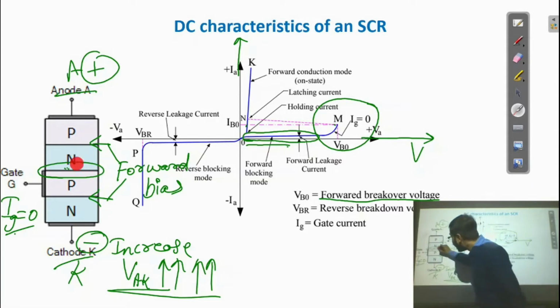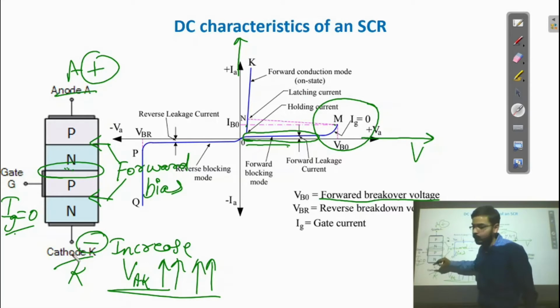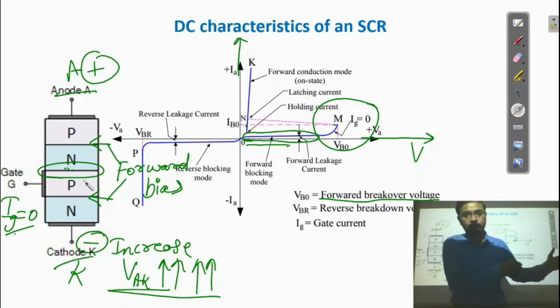This is again I am explaining. As the anode is positive and the cathode is negative, this junction will be forward biased, but this junction will be in reverse bias condition. And as we have studied for a simple diode, if we increase the reverse bias voltage for a normal diode more than some breakdown voltage, then it will break down. Similarly, that breakdown is happening in this.